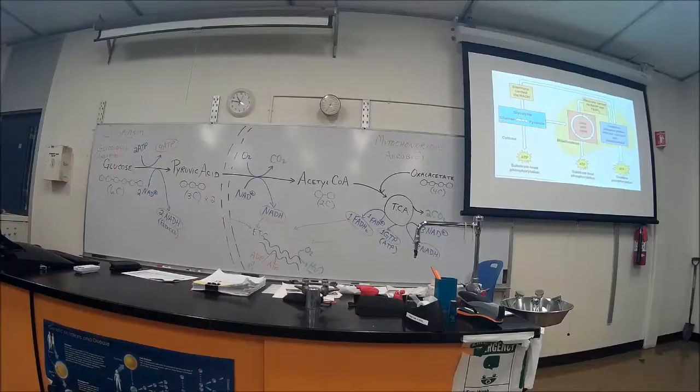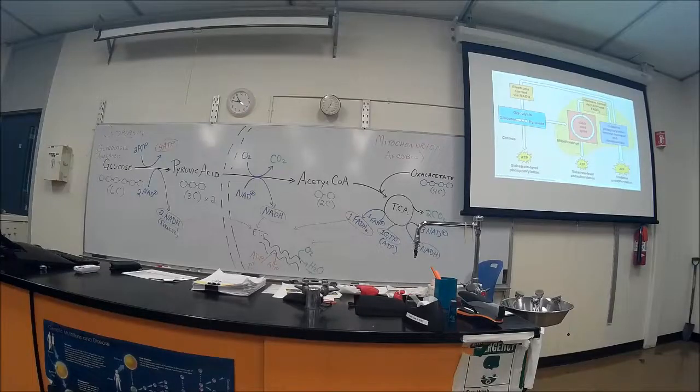But if you had no oxygen, net-wise, how many ATP are you going to make? Total, from 1 molecule of glucose, net-wise, how many ATP do you make without oxygen? 2.